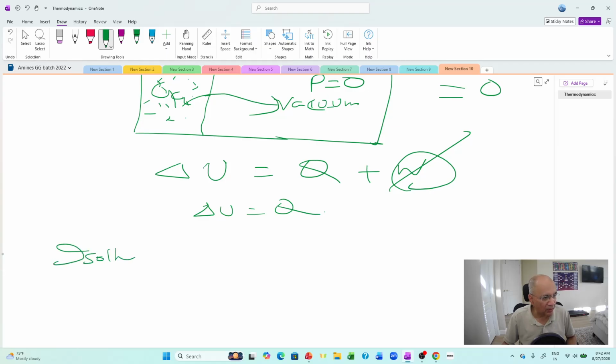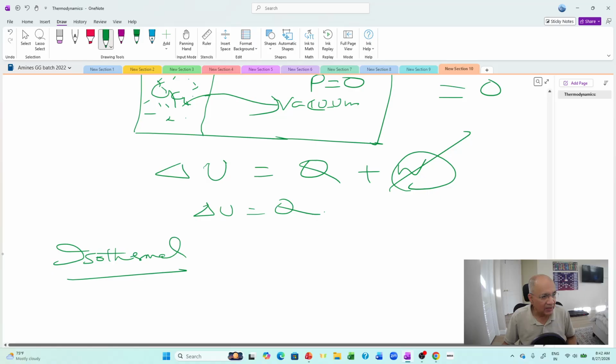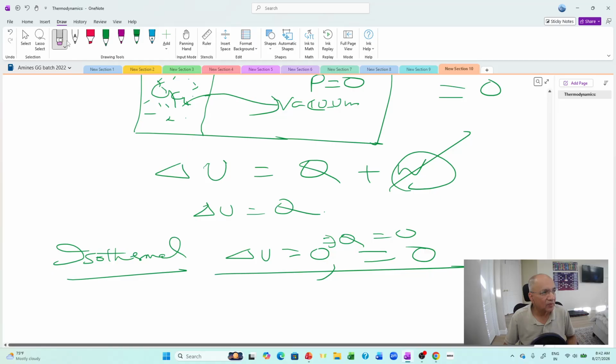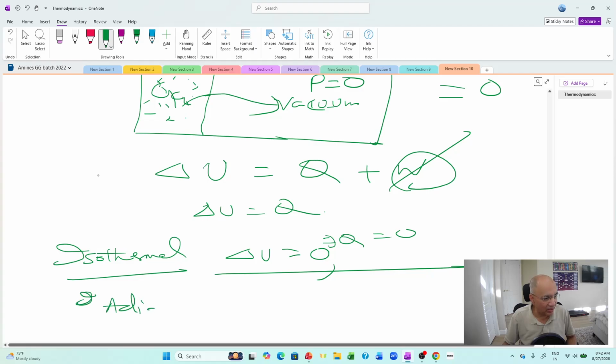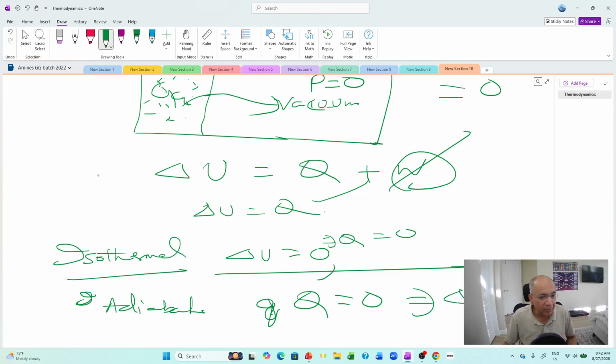If it is isothermal, temperature is constant, then del U is equal to 0, hence Q also is equal to 0. If it is adiabatic, under insulation, then since Q is equal to 0, delta U is equal to 0. So everything is 0.